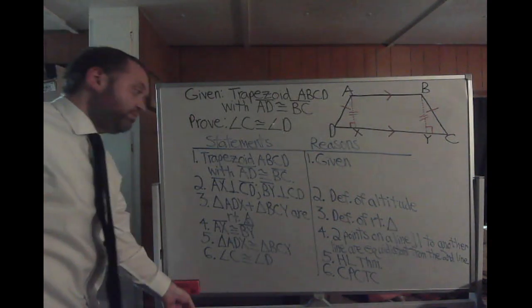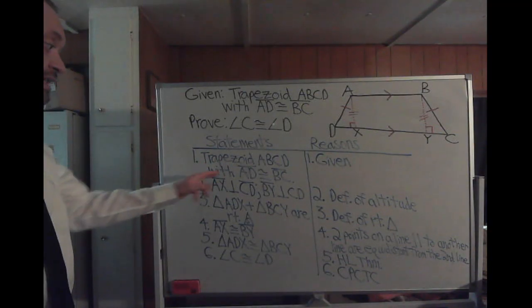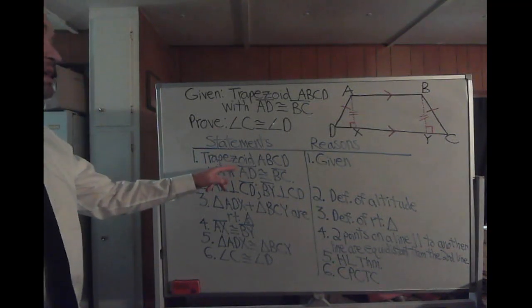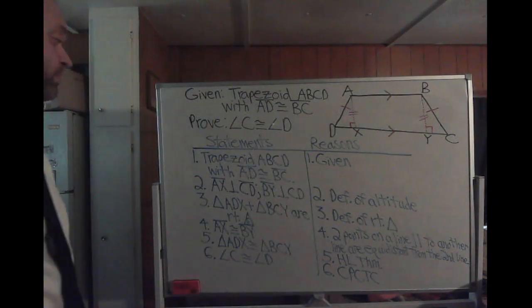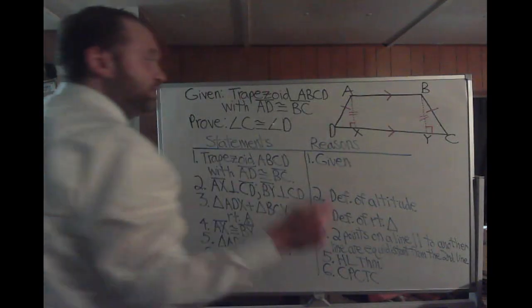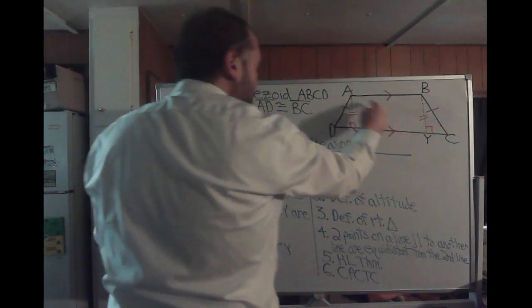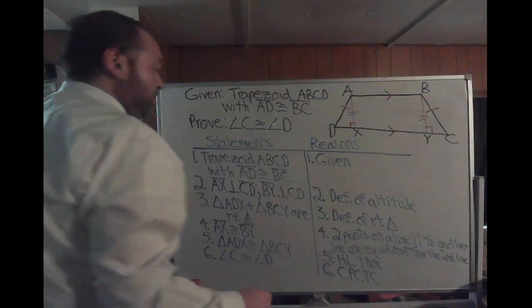So let's go through this proof again. We were given trapezoid ABCD with AD being congruent to BC. That was given to us. From there, we can draw auxiliary lines, which will be the two altitudes of this trapezoid from A to CD and B to CD.